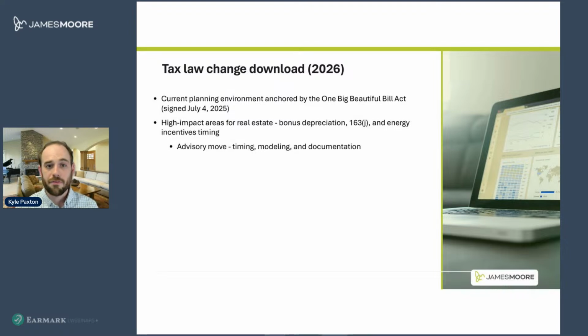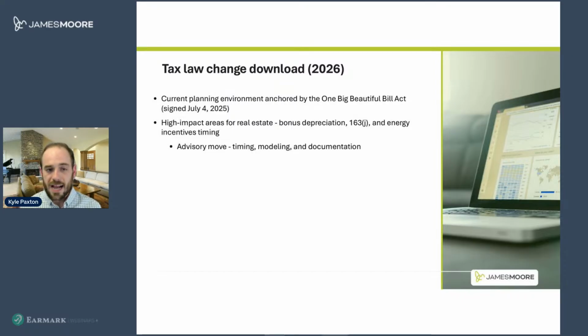We are coming off of significant tax law change in 2025 under the One Big Beautiful Bill Act. And there are some big levers for real estate here that have both positive and potentially negative implications for our real estate professionals. So talking about bonus depreciation, 163J, the interest expense limitation, timing of energy incentives.